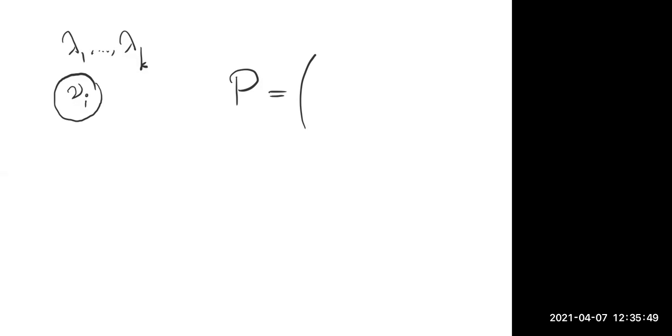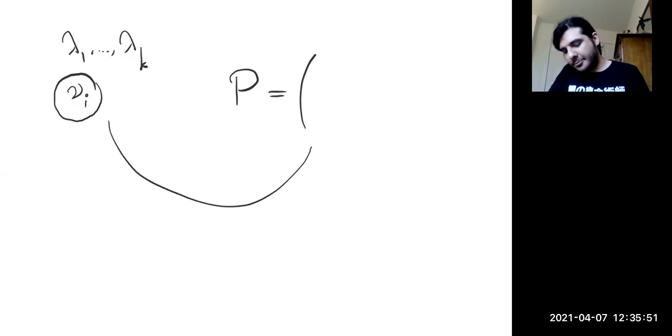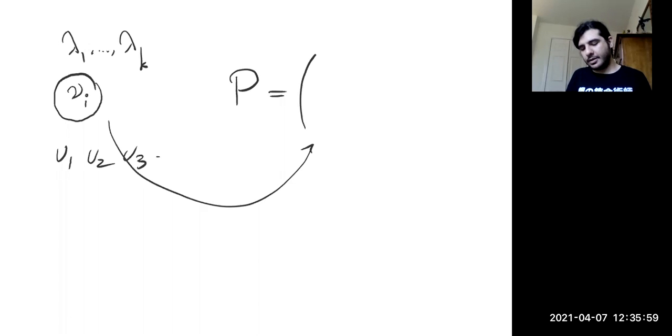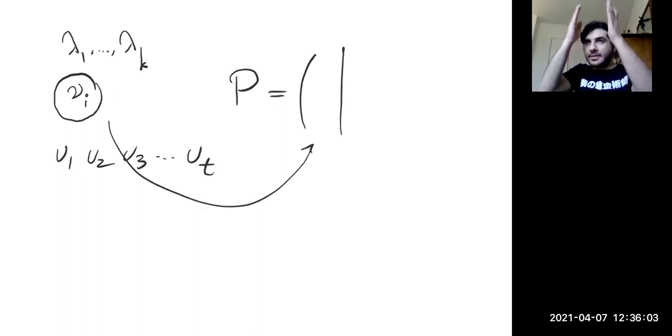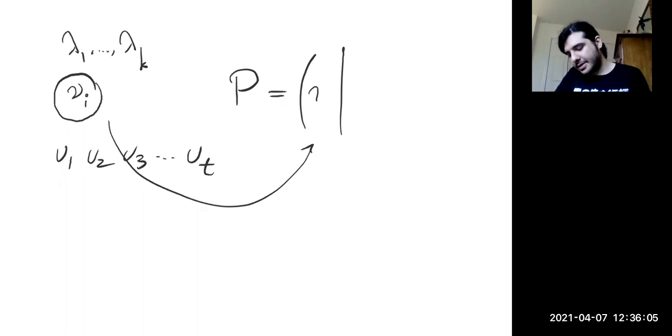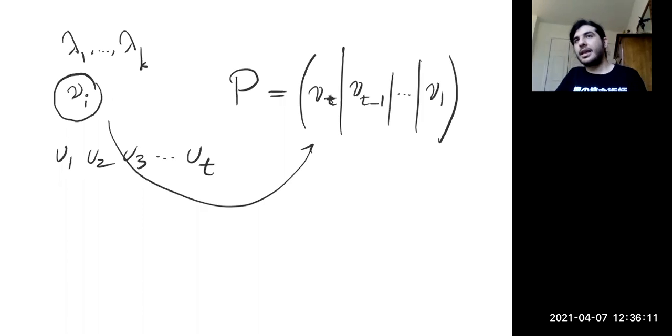And then I would write down all these vectors from the end of the process, so let's say we got v1, v2, v3, etc., vt, whatever. We write down these vectors as columns of this matrix. And that would be the matrix P we are looking for.